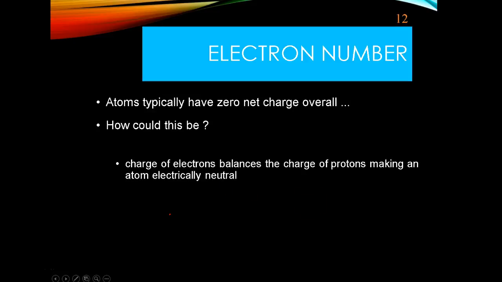Okay, so for example, if we were looking at hydrogen, remember, was 1.009. We said that hydrogen has 1 proton. We know protons are positive.